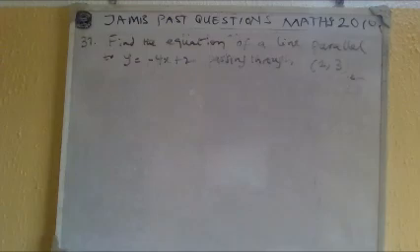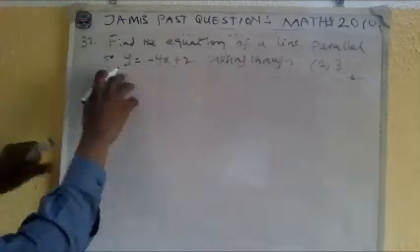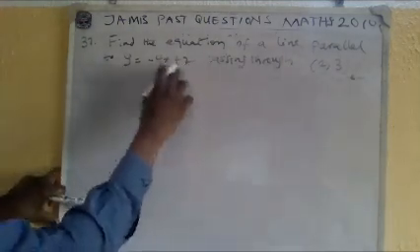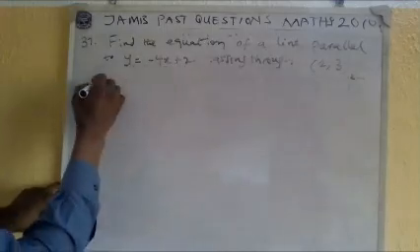That's another coordinate point, passing through 2. So find the equation of the line parallel. Okay, so now already this line is given. The gradient of this line is 4.